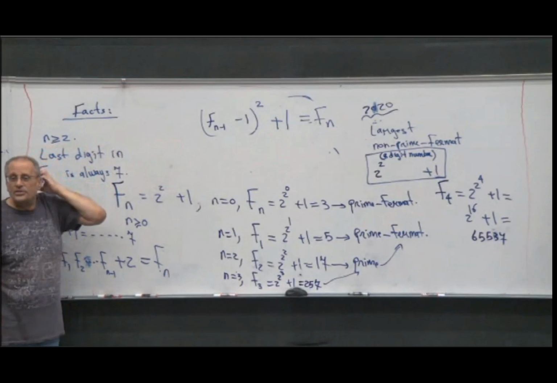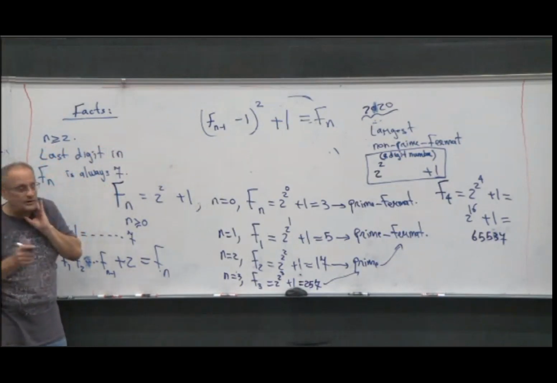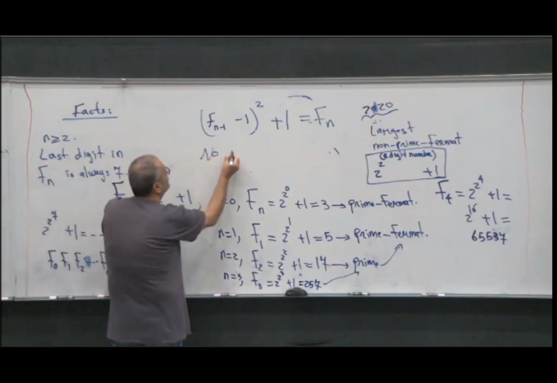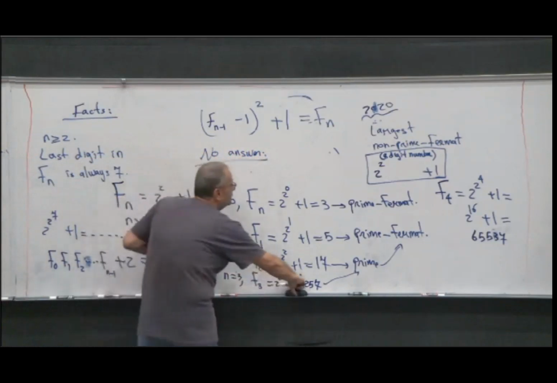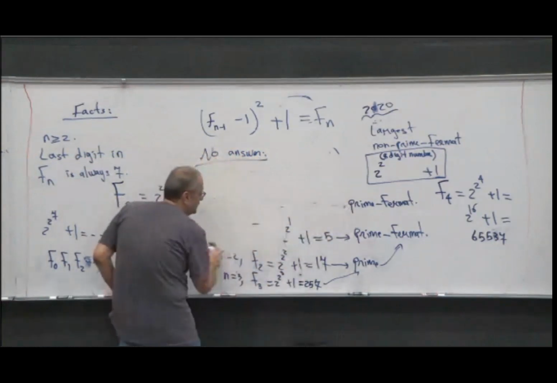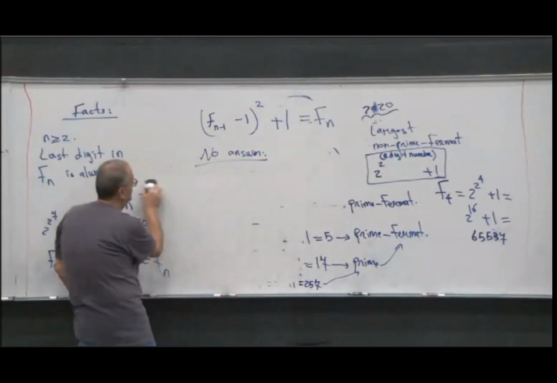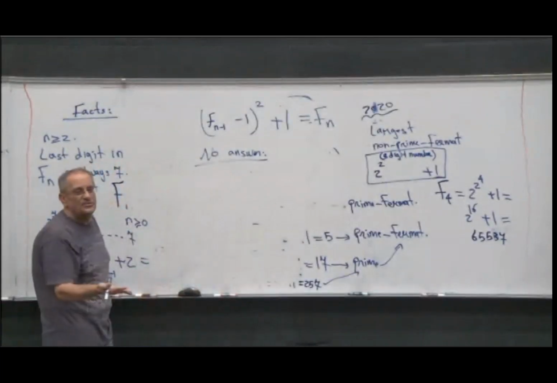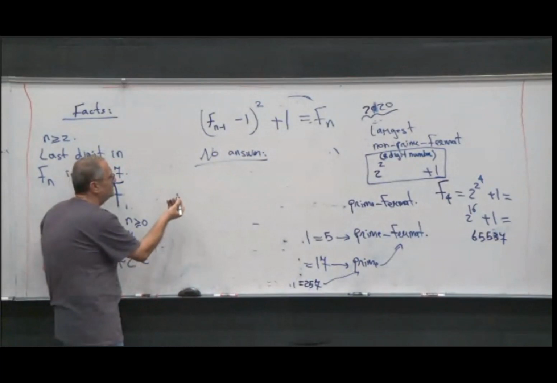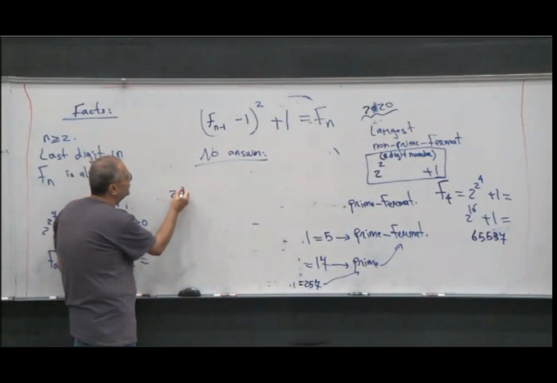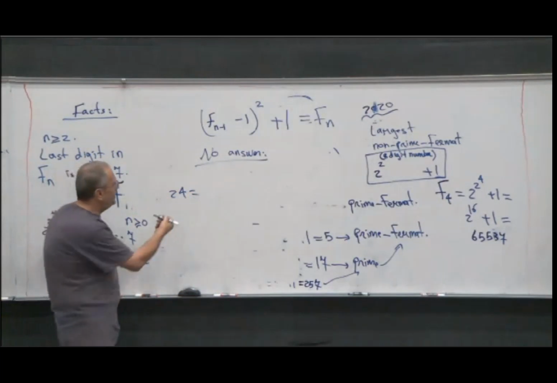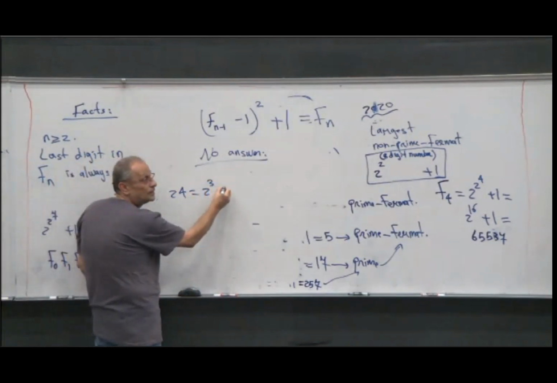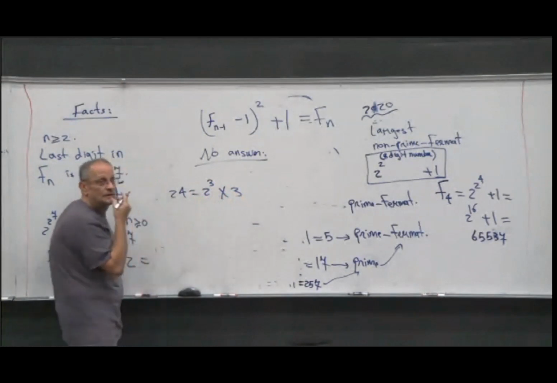Okay, here is another thing. This is unknown, no answer to this question. What is no answer? Let's take a normal number, like 24. Can you write it as a product of primes? That will be 2 cubed times 3, right?